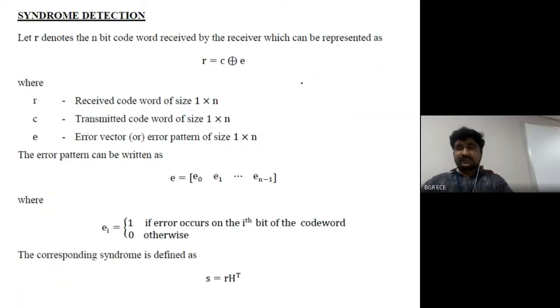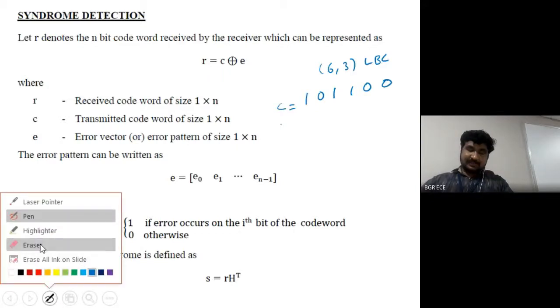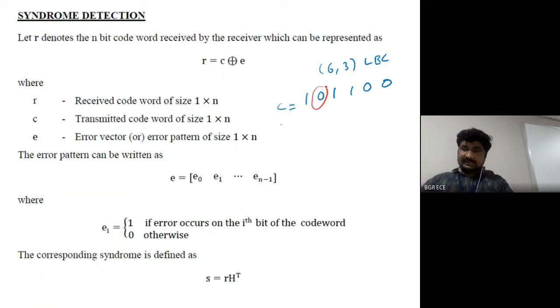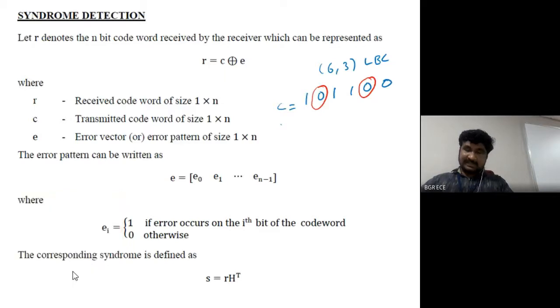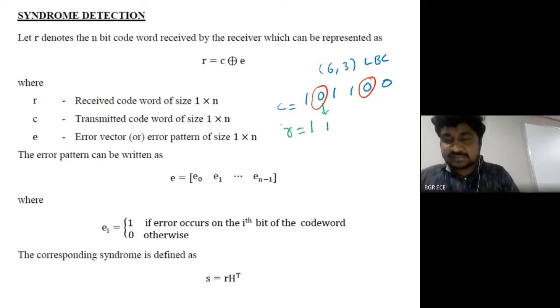Suppose I am transmitting a 6,3 linear block code and I am assuming a code word 101100. If this is the transmitted code word and there is some error in the third, second and the fifth locations, then the received word will be written with 1 instead of 0, which creates the error.